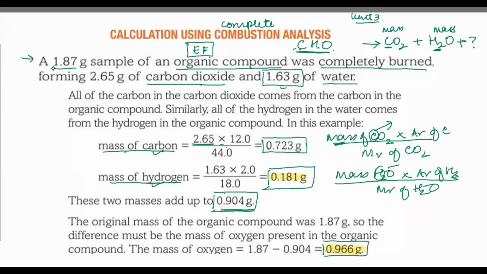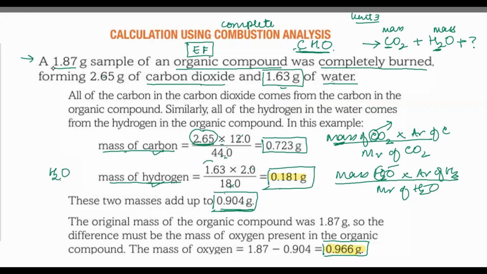Now I'm scrolling back so that you have an idea how to go about it. The mass of carbon dioxide and the mass of water are given to us. The mass of carbon dioxide from the question times 12 divided by 44, the molar mass. Everything will remain constant, only this comes from the question. In the second step, 2 and 18 will remain constant because hydrogen in water is 2 atoms.